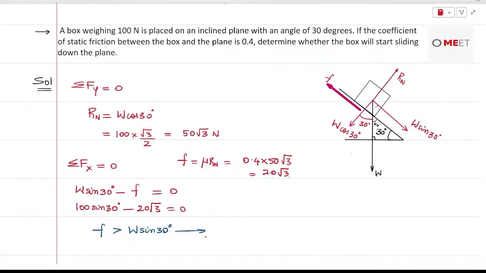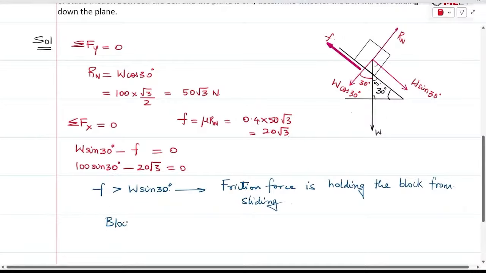Which means that the friction force is holding the block from sliding. So here the block is going to be stationary. Block will not slide.